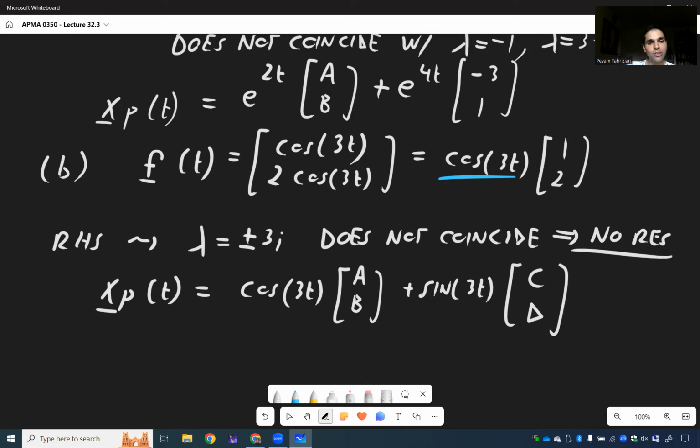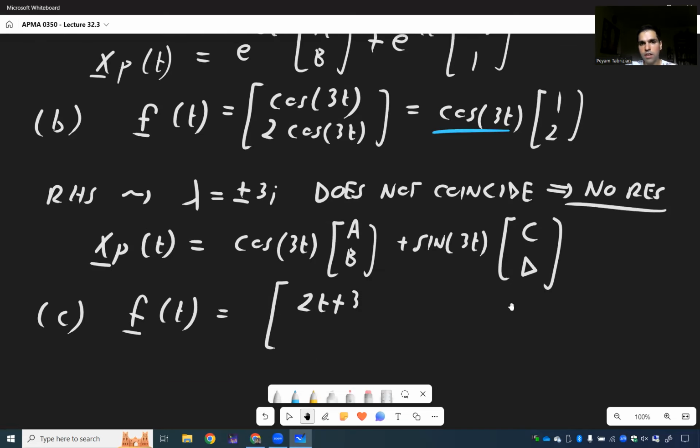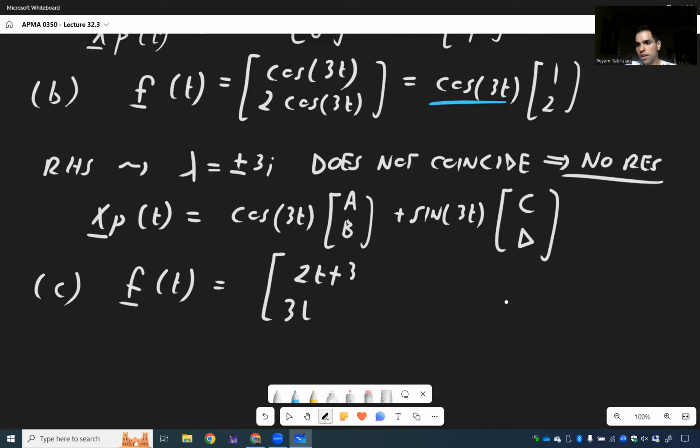All right, let's now do polynomials. So f of t, let's do 2t plus 3 and 3t squared plus 4t minus 6. Technically, that corresponds to eigenvalue 0, because we have an e to the 0t, but here there is no resonance.